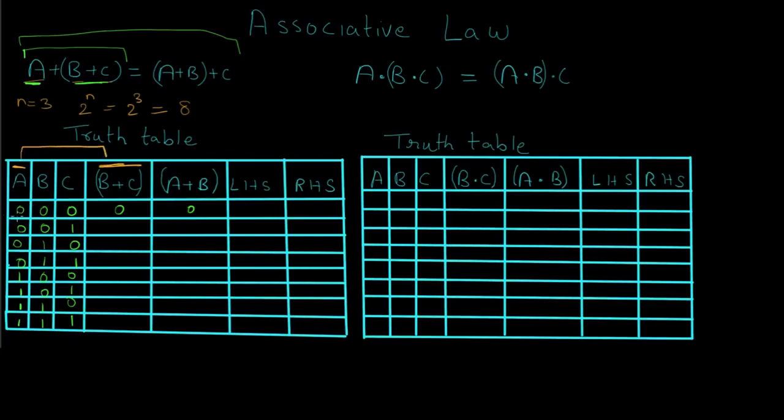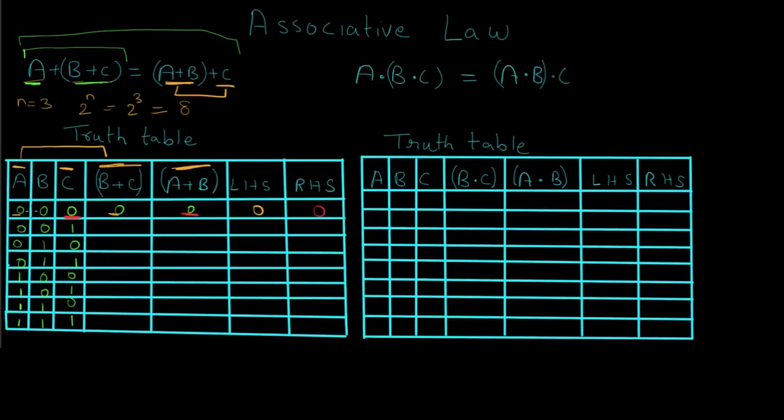So we need to take 0 or 0, which will again give us 0. For the RHS, we have this part and this part, as you can see in the expression. So we need to take an OR between these two. So this 0 or c is again 0. So here we have LHS equal to RHS.